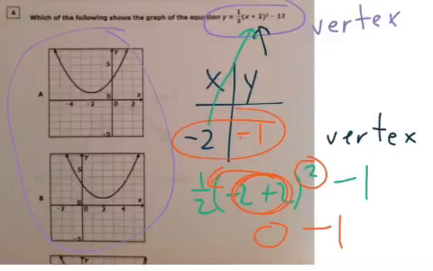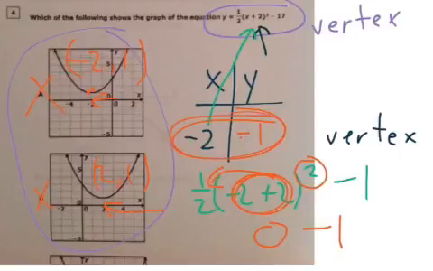So let's look at our graph A. Notice it's 2 to the left, but right there, the vertex is at negative 2, positive 1. That can't be right. Let's look at B. Notice B, the vertex right there, is at positive 2, positive 1. Okay, so we're down to two possibilities.